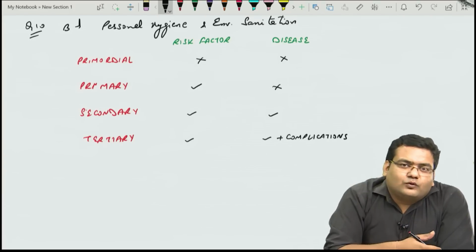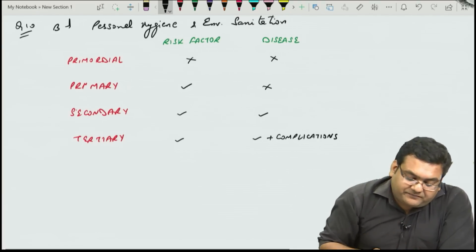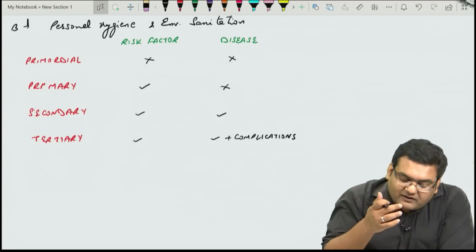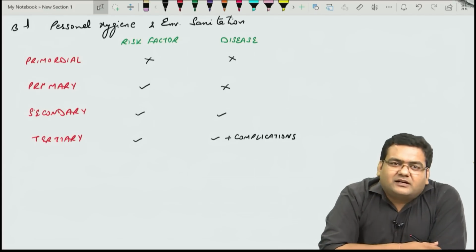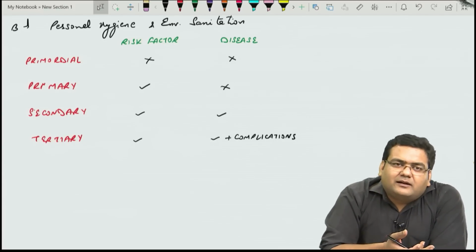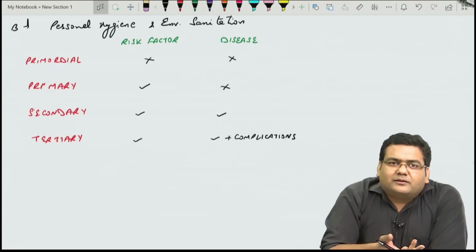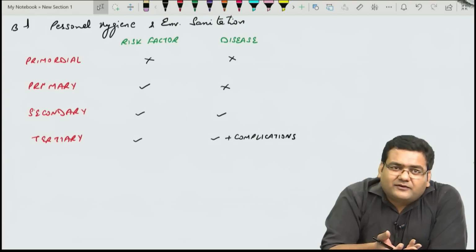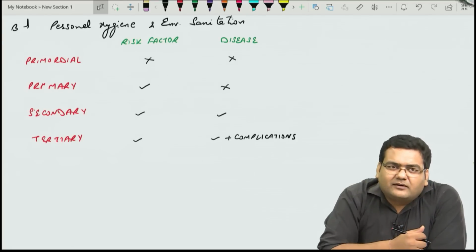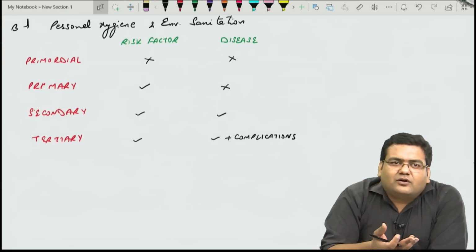What are the various modes of intervention? When we talk about primordial prevention, it is basically aimed at improving the health of the people. No specific intervention is required, just health education is given, which is general for all diseases.